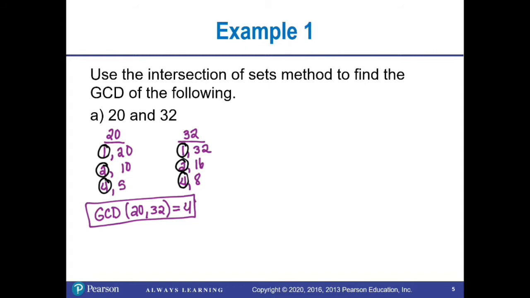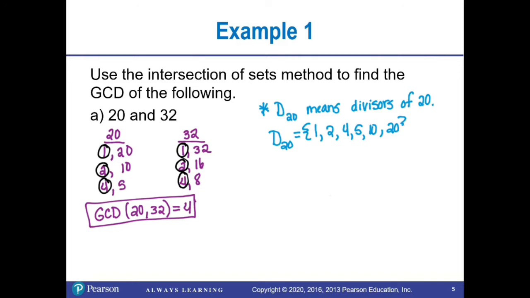There is another notation I need to introduce you to that you might see in math labs. Now, I prefer to find my divisors as I've done here. But another notation is D with a subscript of 20. This means the divisors of 20. So in math labs, you're going to see the divisors of 20 listed this way. D with the subscript of 20 equals, and then you open your braces to represent a set.